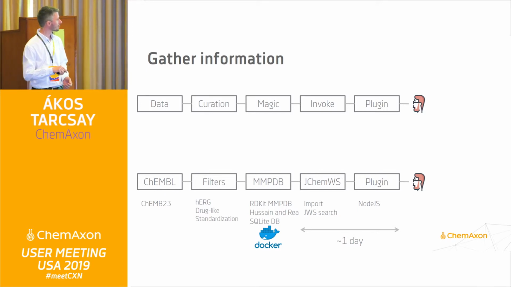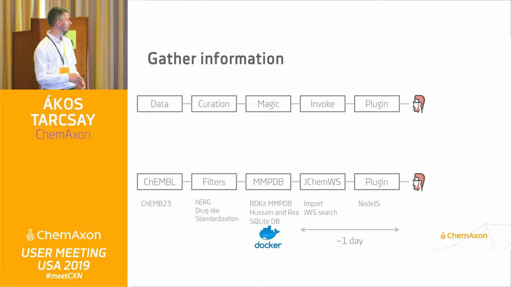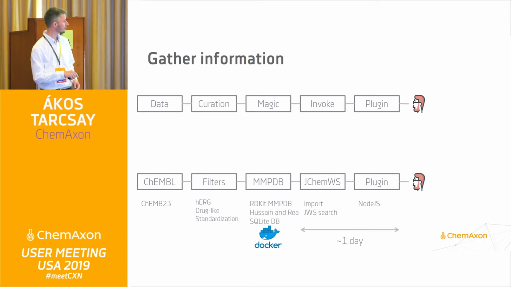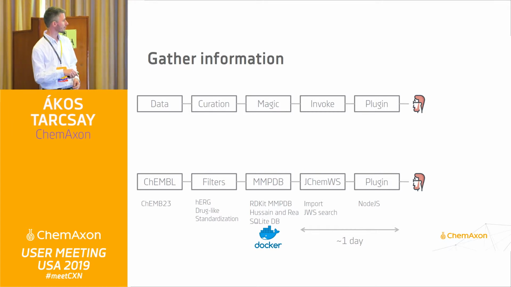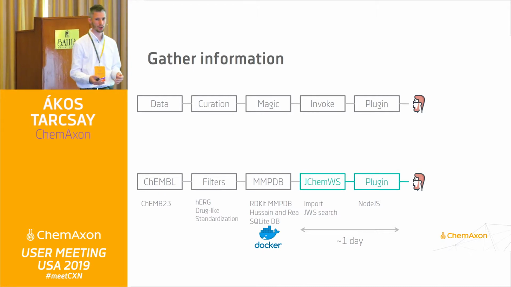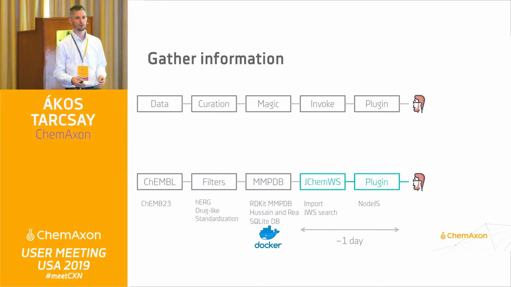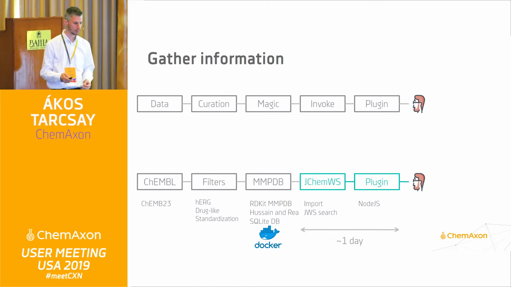The harder part was this one, when we were working with all the ChEMBL data and built the MMPDB, and this was detached. That was done through Docker, in a Docker image. That part is really where ChemAxon does something. This is a generic workflow for how models can be built.